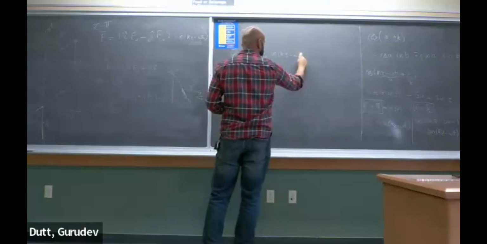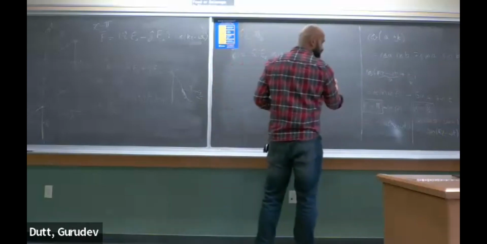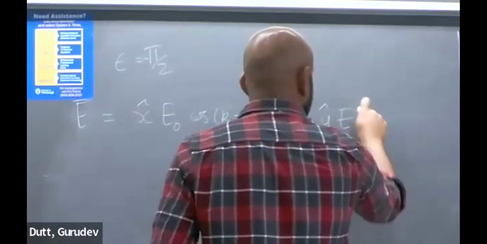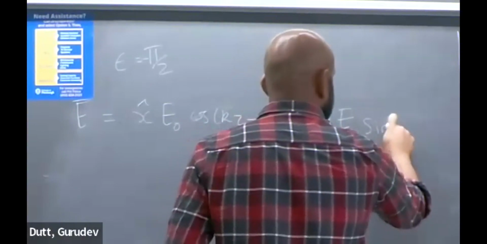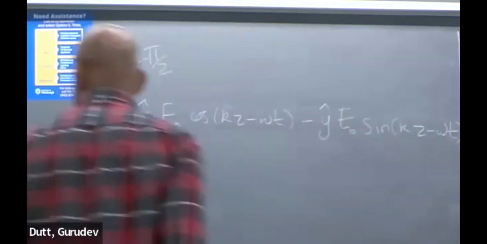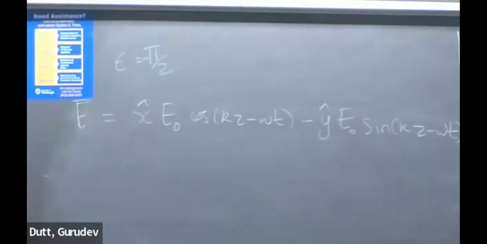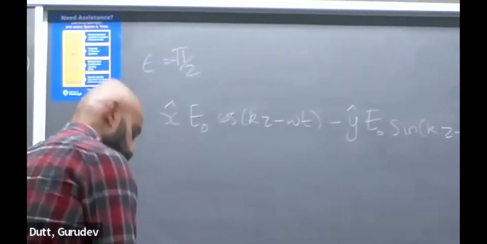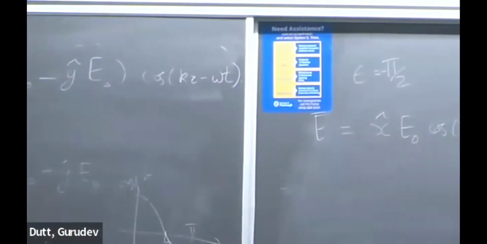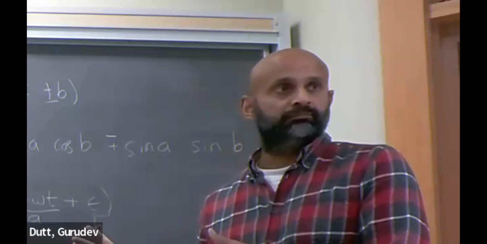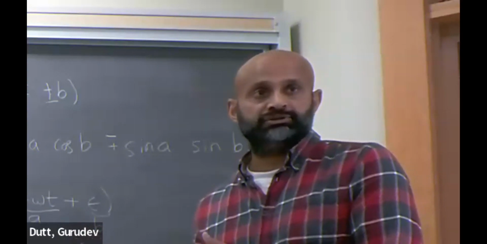That part remains the same because there's no epsilon there. But then the second term now has minus y hat E naught sine kz minus omega t. So this is for epsilon equal to pi, and this is for epsilon equal to minus pi over 2. Where of course Ey then leads the Ex component, and we'll cover that in just a second. Okay, is this math clear to everyone? Any questions on the math?